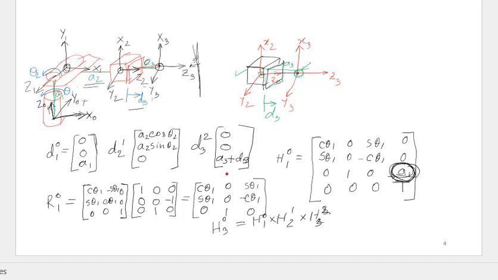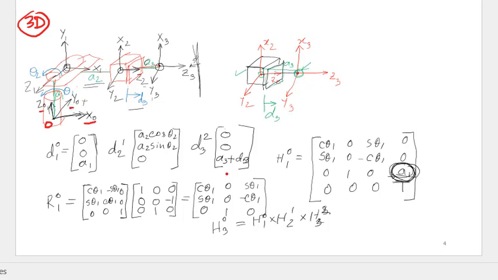Suppose this is given. At first we have to write down the first one in the 0 coordinate system. We are considering 3D, with x1, y1 and z1.